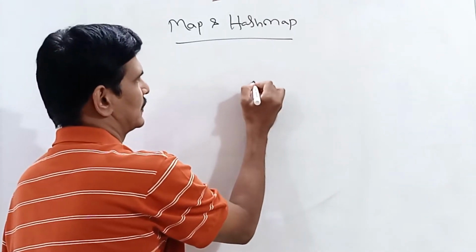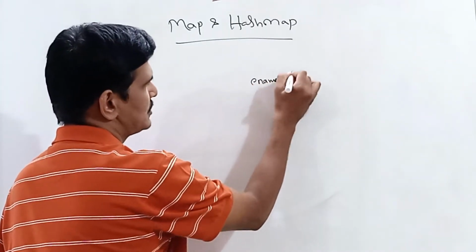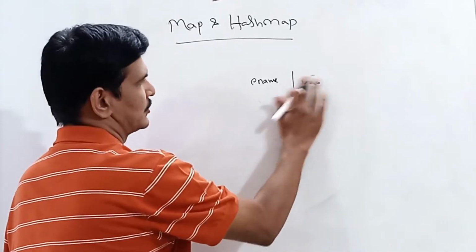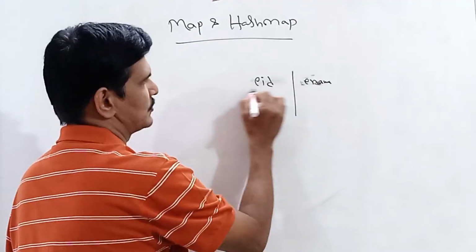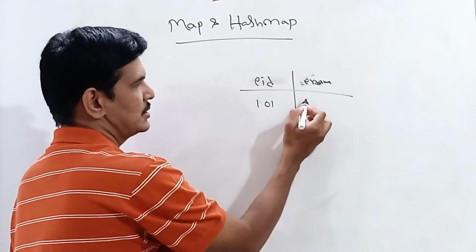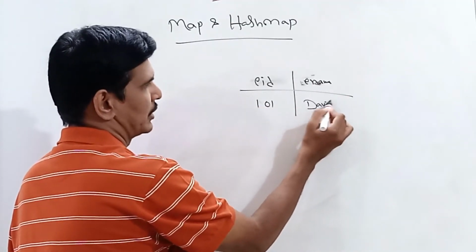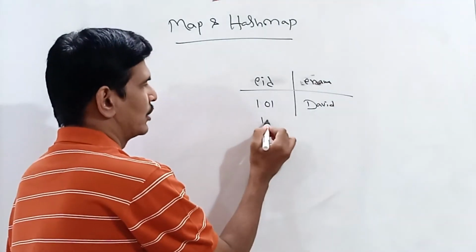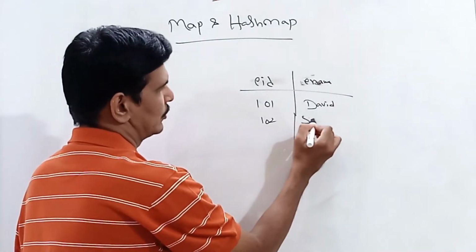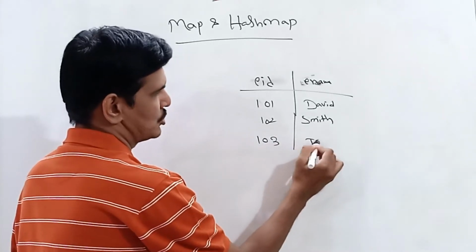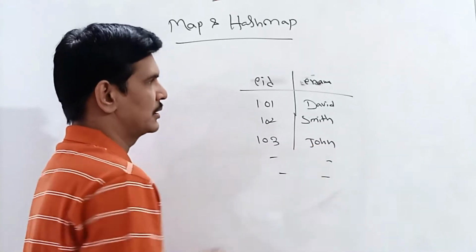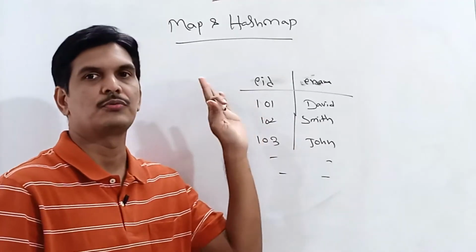If you want to represent the data in this format, then we can go for Map.